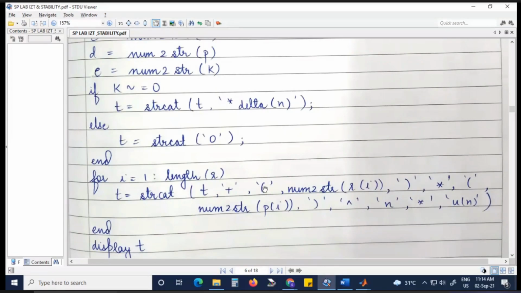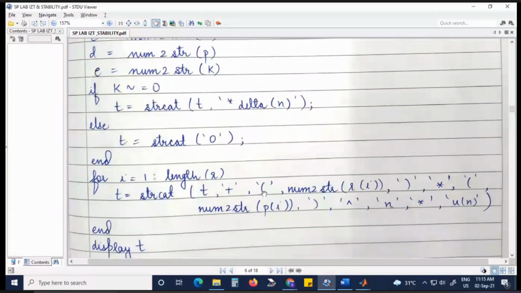Then another command is there, number to string conversion. If some value is there in the array of R, that value will be converted into a string.